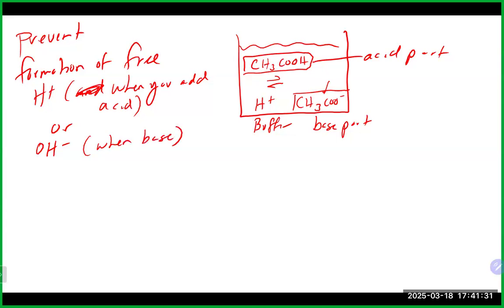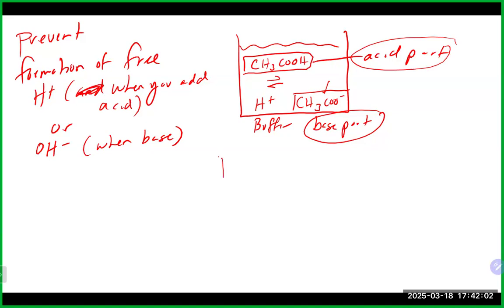They're able to do that because, in that solution, they have an acid part and a base part to that buffer, so that when you add an acid to it, it will react with the base part of the buffer and essentially tie up the H plus from being free in that solution. And when you add a base, it will react with the acid part of the buffer and also tie up that free OH minus from being free in that solution.